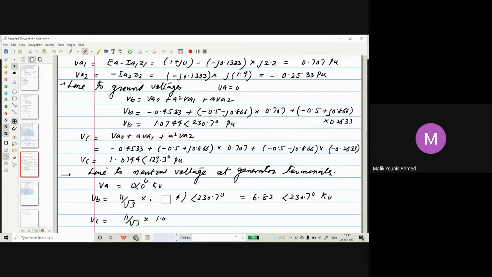It should be 0.744, at an angle of 129.3 degrees. That will come out to be 6.82, only the difference will be of the angle, 129.3 degrees kV. So, a very simple question in which we have used all the previous relationships.